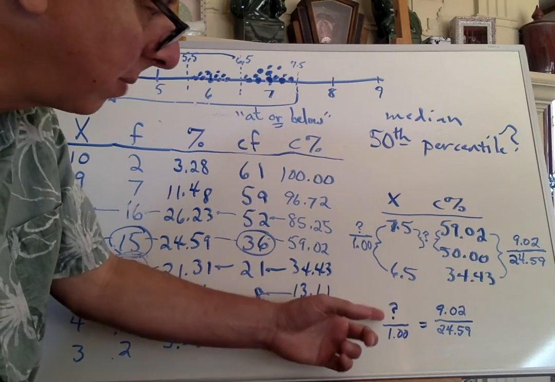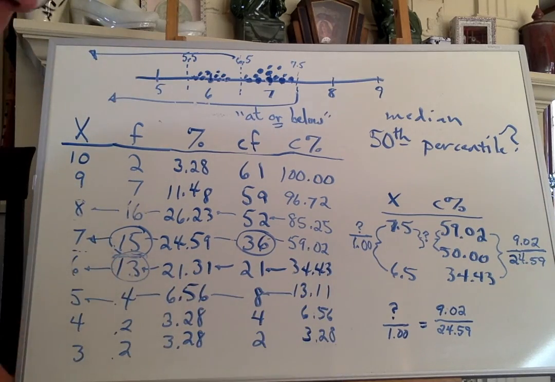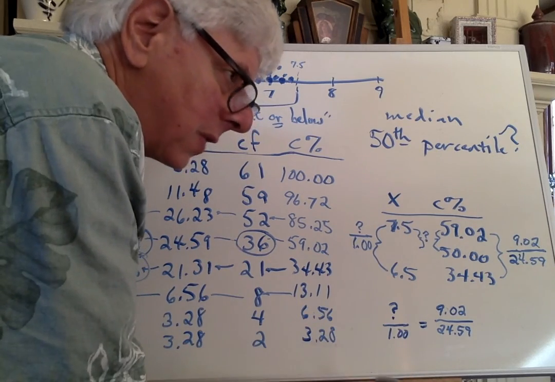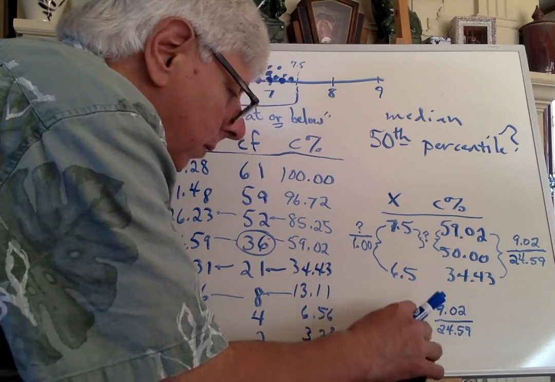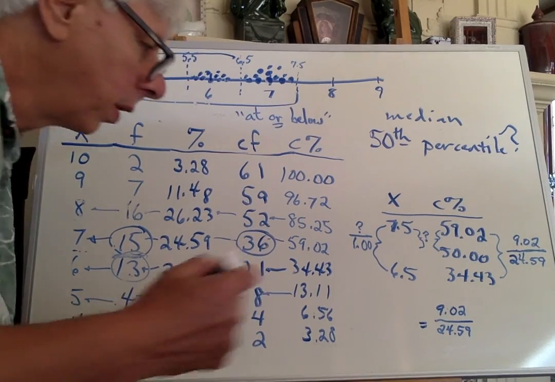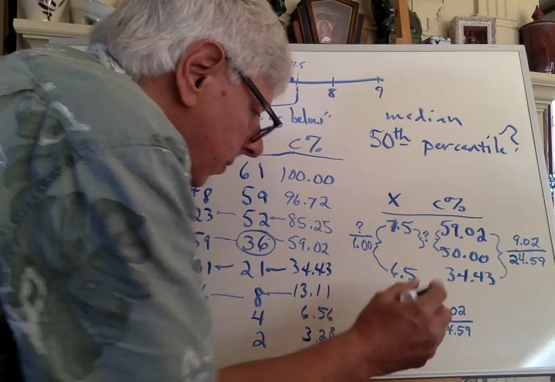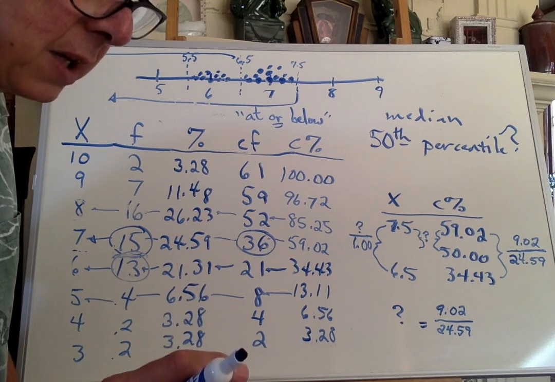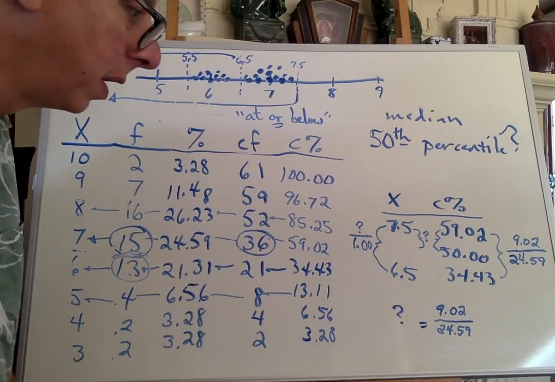So the question mark divided by 1 ends up being question mark. Anything divided by 1 is just itself. So we're going to do this. This becomes the question mark. Okay? You'll see why I'm not using x there. We're going to get to an x value.